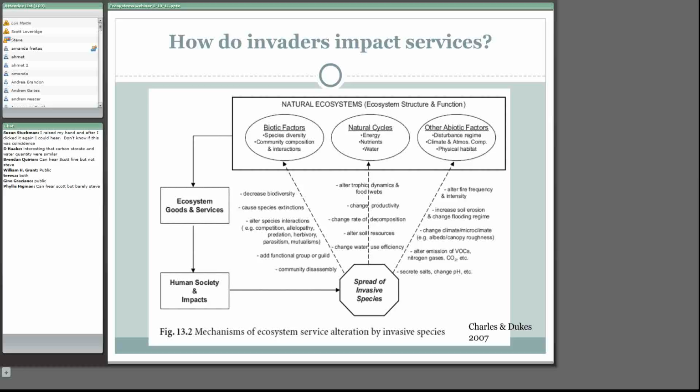And if we consider all these mechanisms, it becomes a challenge. But it's important because each mechanism is affecting invasive plants and their effect on services. So this is an attempt, a way to do that.